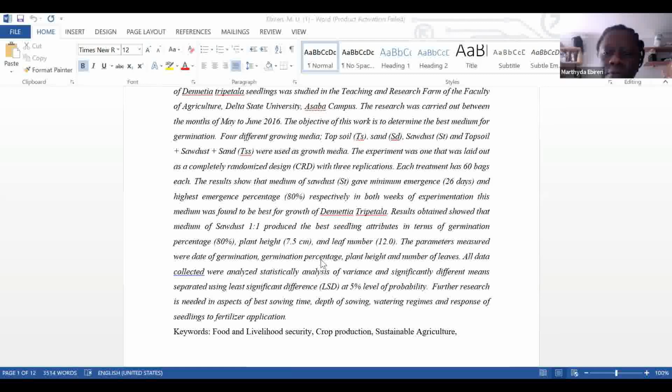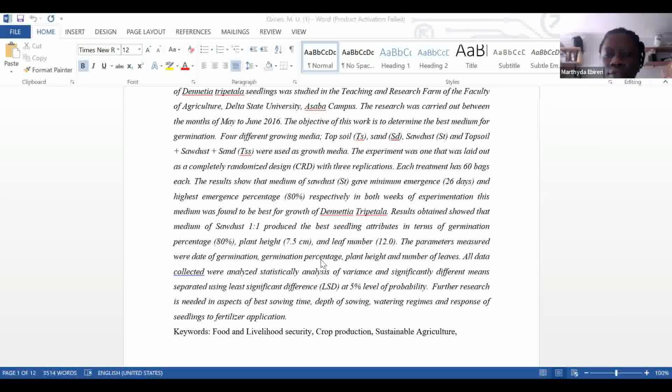Sawdust, because this pepper fruit takes almost 26 days before it germinates. So for farmers who want to go into pepper fruit production, because pepper fruit is a very nice fruit in Nigeria, and it's going expensive because its cultivation is hard, and some of the fruit trees are small now, not much.